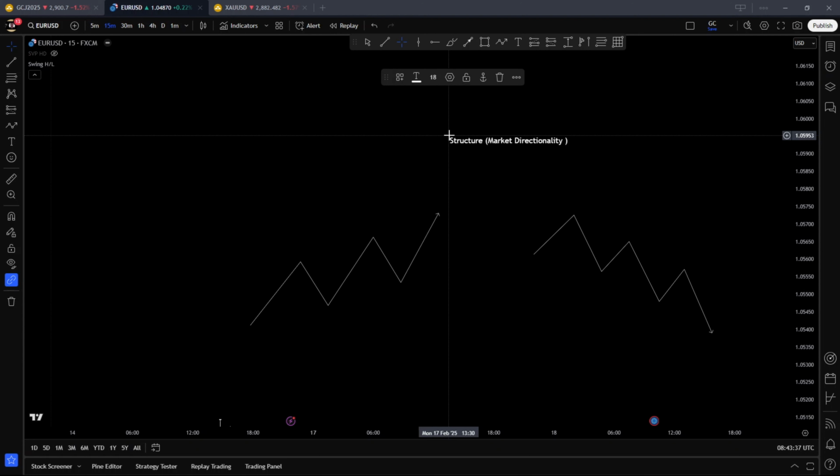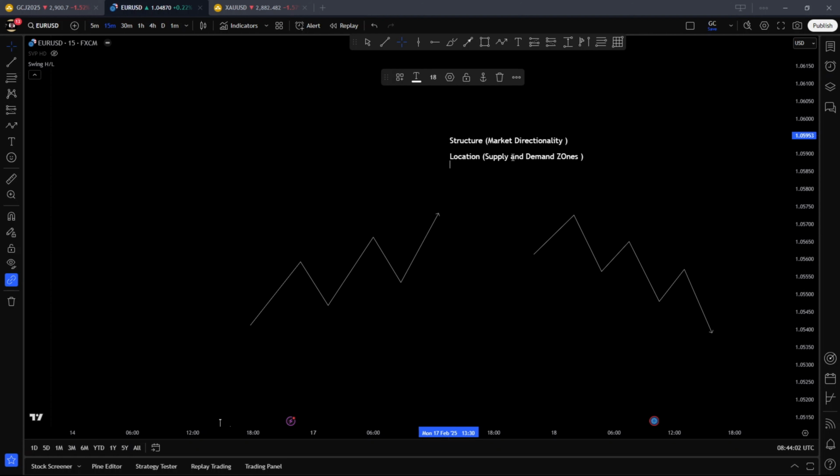We use structure to predict or anticipate where price is likely to go in the near future. The next is location, which is where you engage with price, and that is where your supply and demand zones come in.